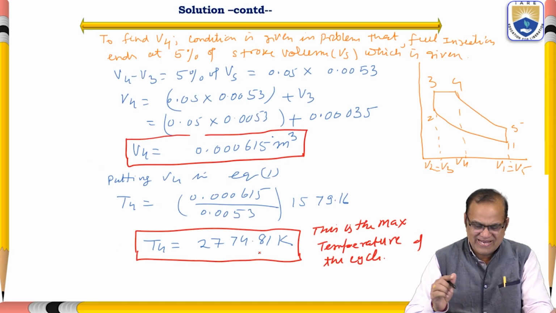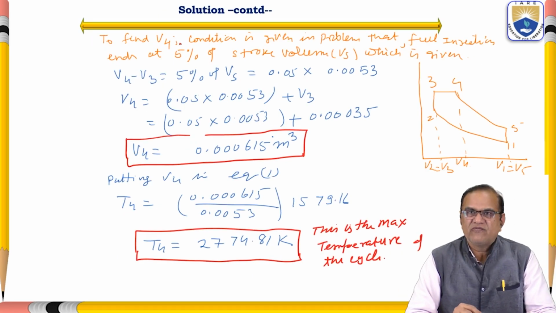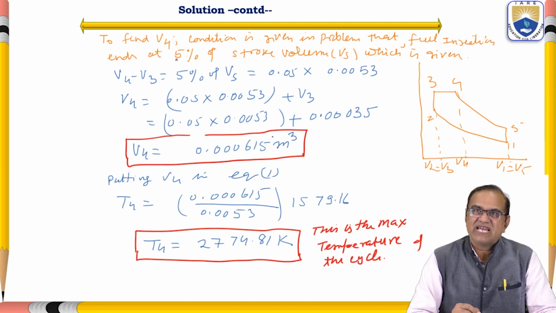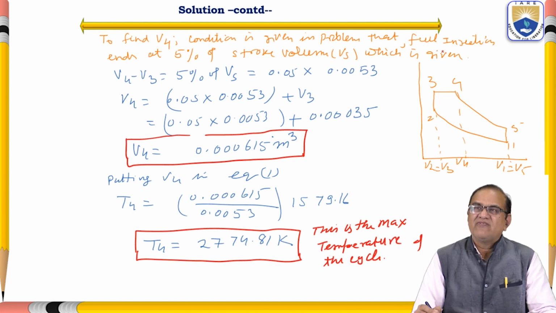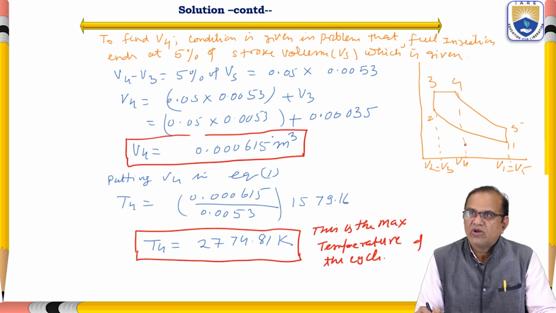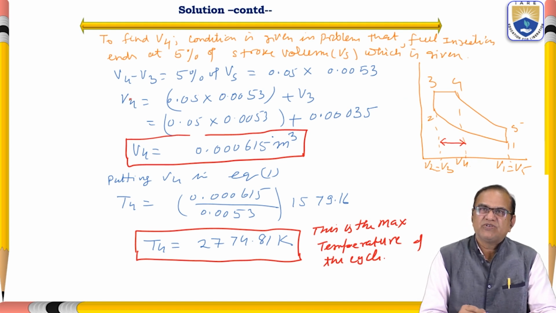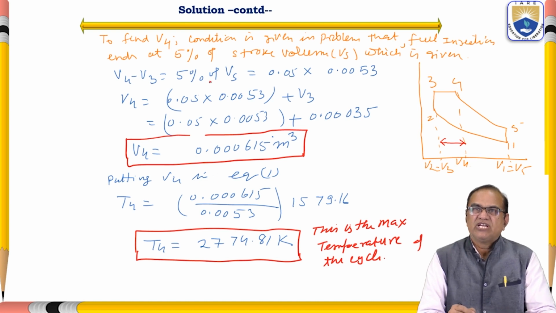So now to find V4, the condition is given in the problem that fuel injection ends at 5% of the stroke volume Vs, which is given. So here, this is the V4, V4 minus V3. V4 minus V3, it is given here, is equal to 5% of the stroke volume.